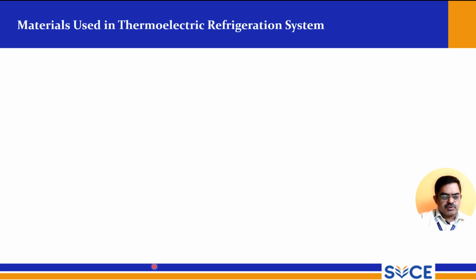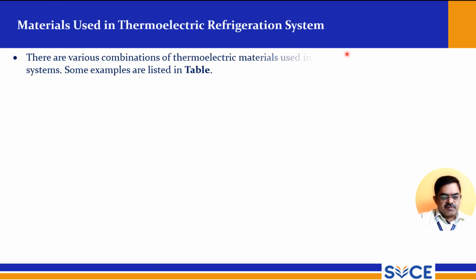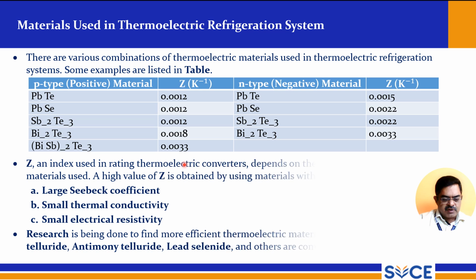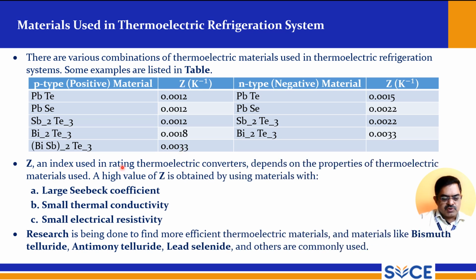Materials used in thermoelectric refrigeration systems. There are various combinations of thermoelectric materials used in thermoelectric refrigeration systems. Some examples are listed here. This is a P-type material with its figure of merit, and an N-type material with its figure of merit, listed here. Remember these values, the materials and their Z values. Z, an index used in rating thermoelectric converters, depends on the properties of the thermoelectric material used.